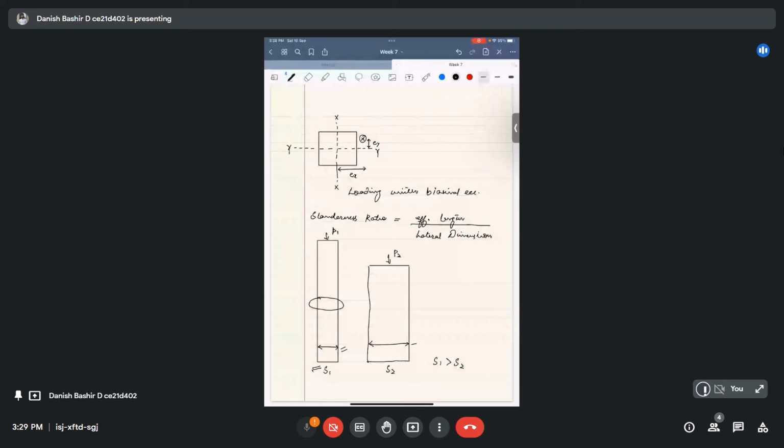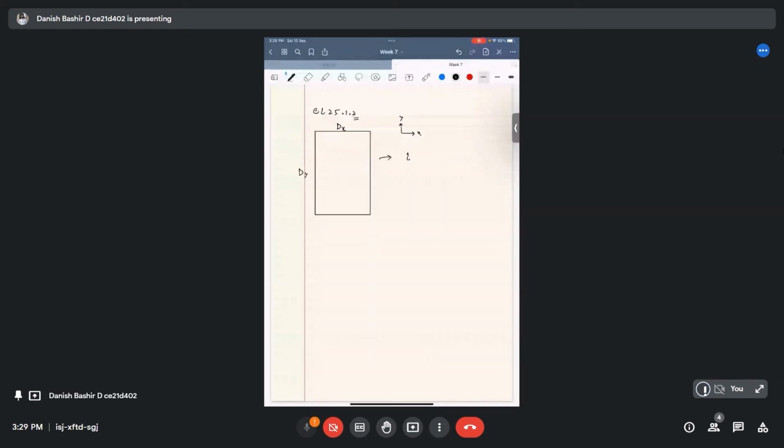For example, we have this column section like this, with a coordinate system x, y, dimension dx and dimension dy. This column has effective length lex in the x direction and ley in the y direction.